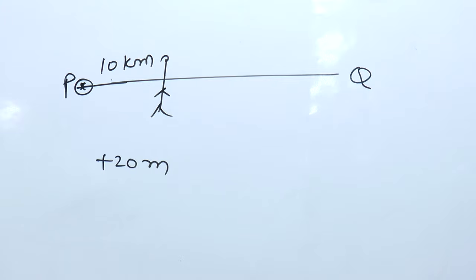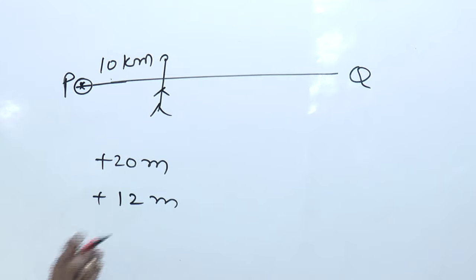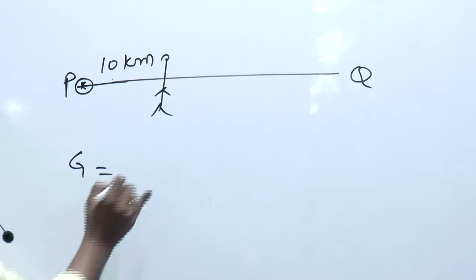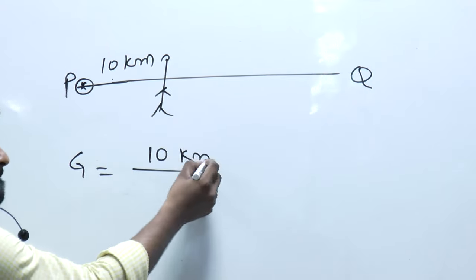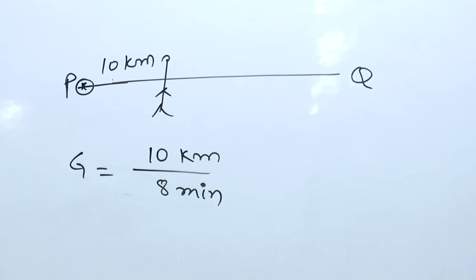What is the gap between 12 minutes and 20 minutes? 8 minutes. So which indirectly says Gafoor covered 10 kilometers in 8 minutes. So we got Gafoor's speed also.